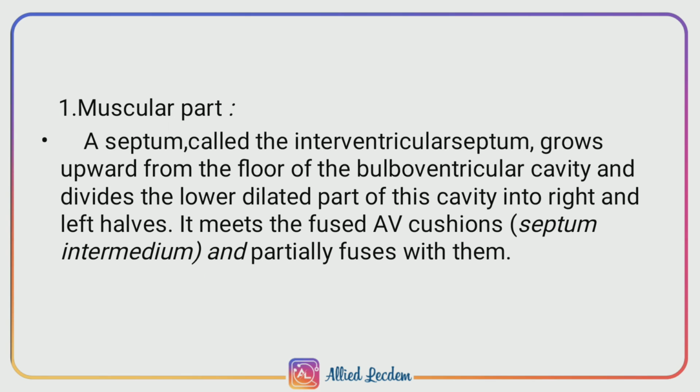Muscular part. A septum called the interventricular septum grows upwards from the floor of the bulboventricular cavity and divides the lower dilated part of this cavity into right and left parts. Passive dilatation of the bulboventricular cavities on either side of the septum takes place. It meets the fused AV cushions and partially fuses with them.